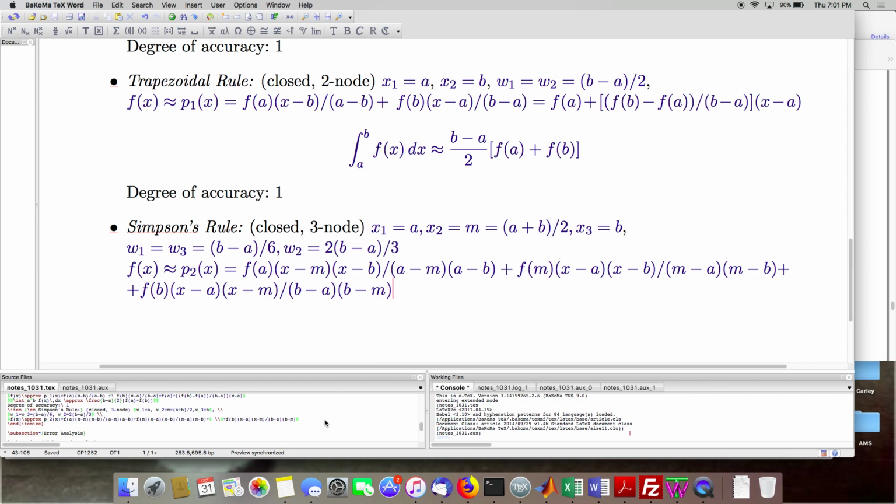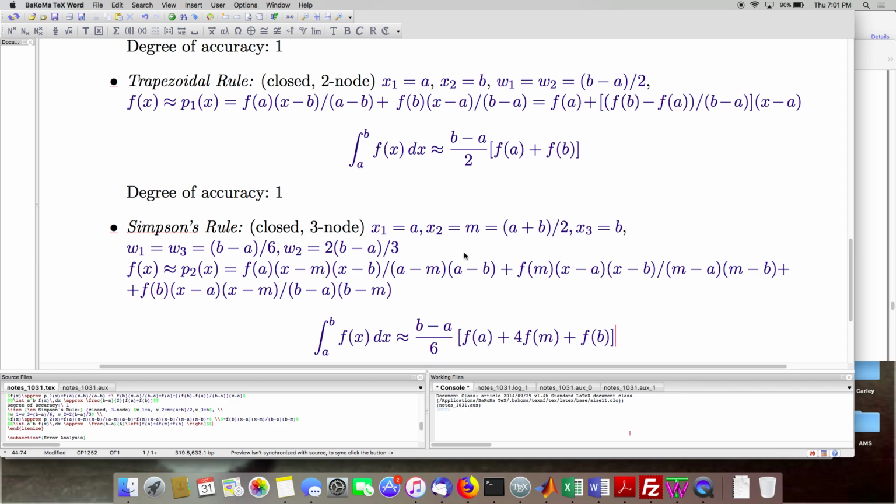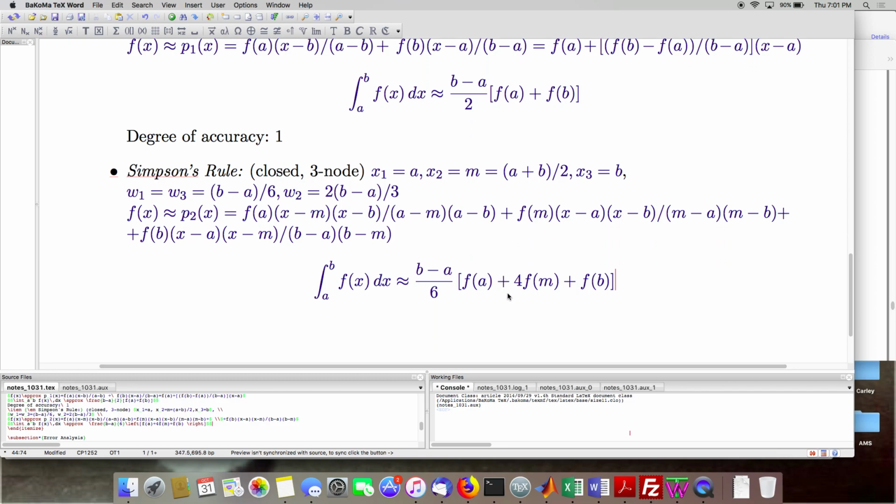So the way this rule is written is, approximately equal to (b minus a)/6 times (f(a) plus 4 f(m) plus f(b)). Okay, so that is Simpson's rule.